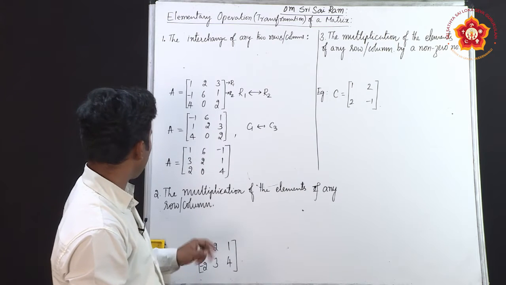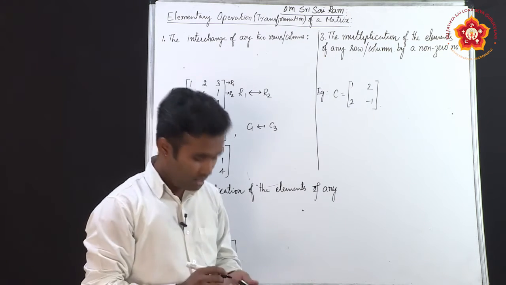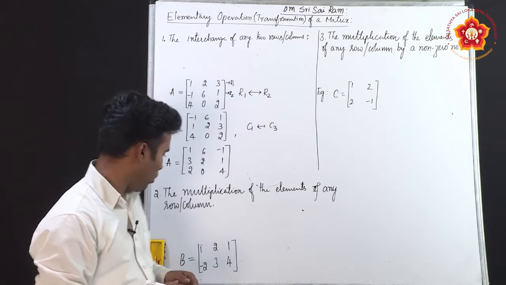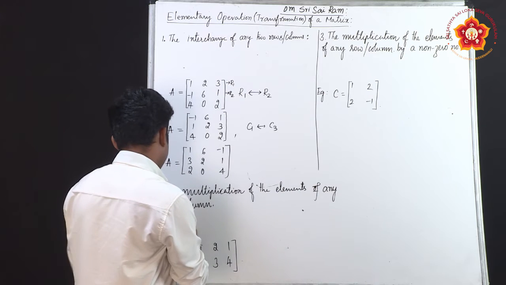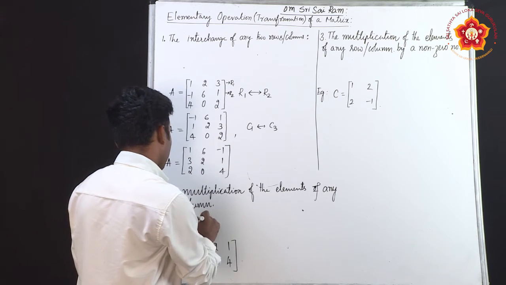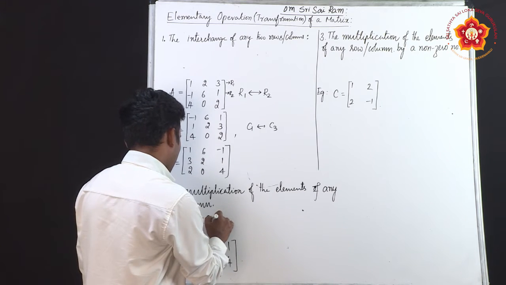Similarly we have another one, that is the multiplication of a scalar to any row or any column. This can generally be denoted as, for example, Ri becomes k times Ri.